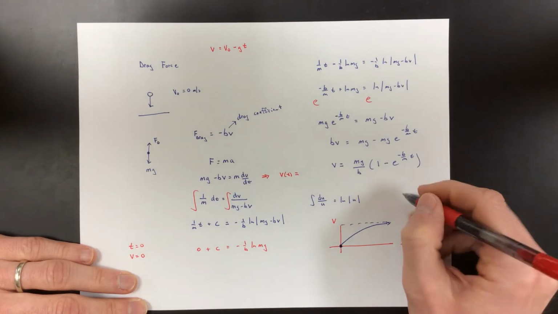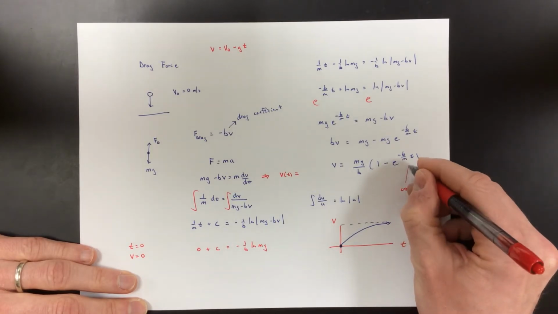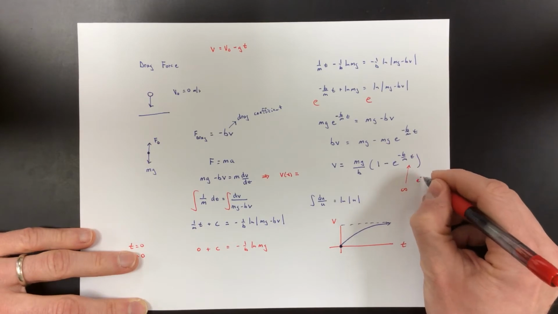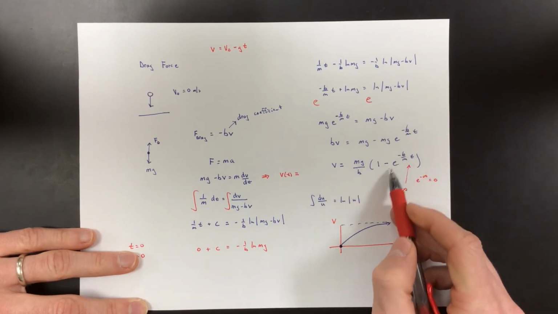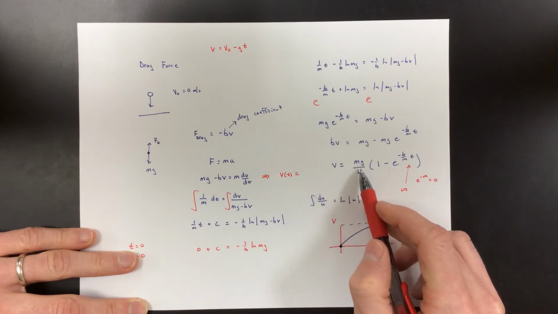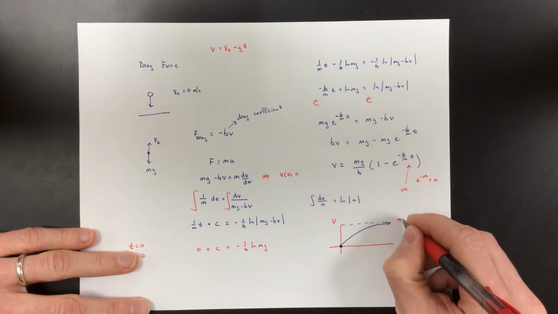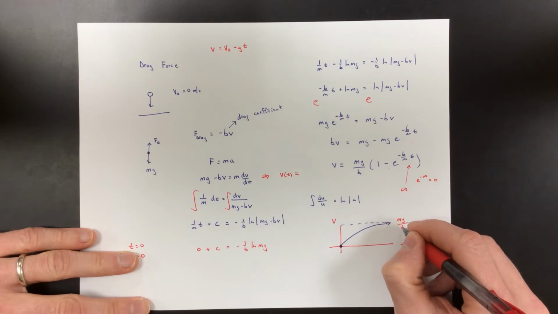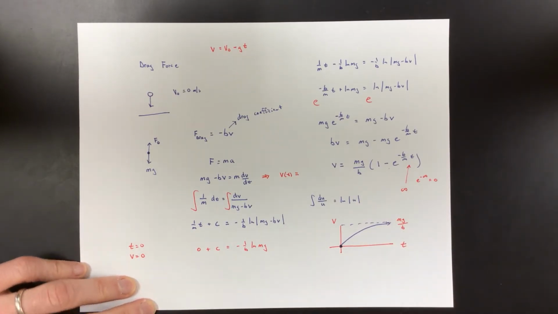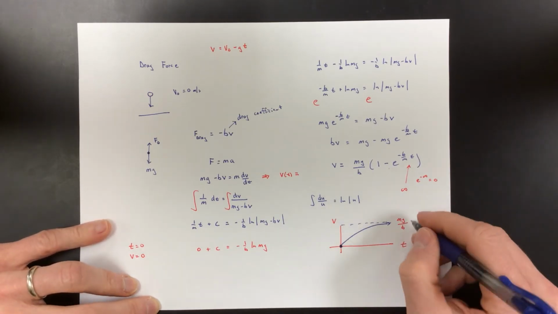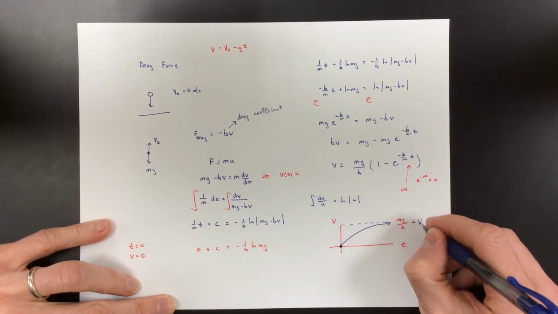If you plug infinity in for time, e to the negative infinity is just 0, and so then this term goes away, and you're left with the velocity as just mg over b. So not only do we know that it approaches some value, we know exactly what that value is. That value is mg over b, and we have a name for that. We call that the terminal velocity.